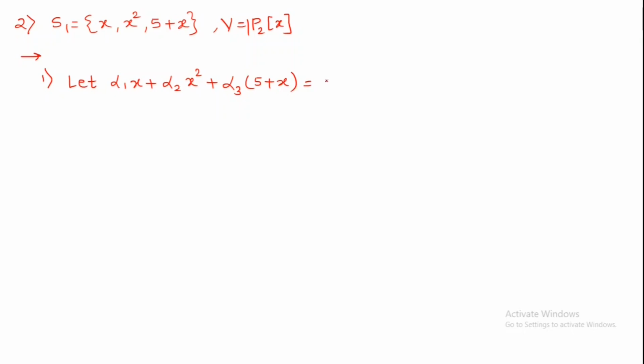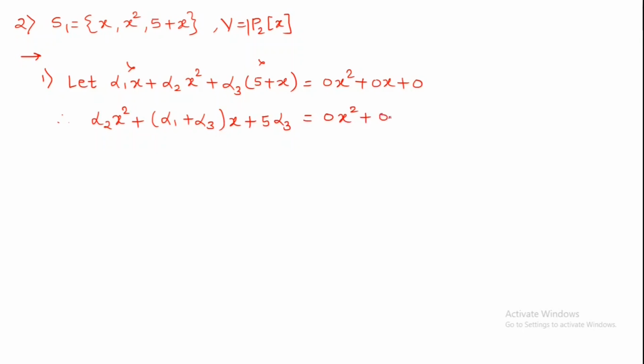Yes, it is 0x square plus 0x plus 0. First the term of x square, then the terms of x: there are two, alpha 1 x and alpha 3 x, so alpha 1 plus alpha 3 times x, plus the constant term 5 alpha 3, equal to 0x square plus 0x plus 0.